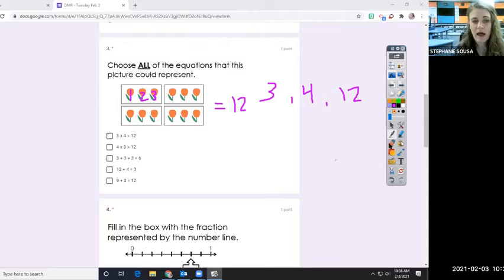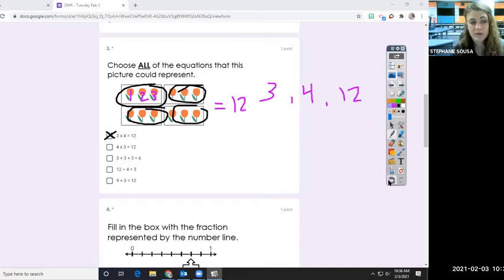I got to think about how I'm going to use them though. This one right here says 3 groups of 4. This is 4 groups of 3. A lot of you chose that one. There are not 3 groups there. There are 4 groups. Group 1, group 2, group 3, group 4.